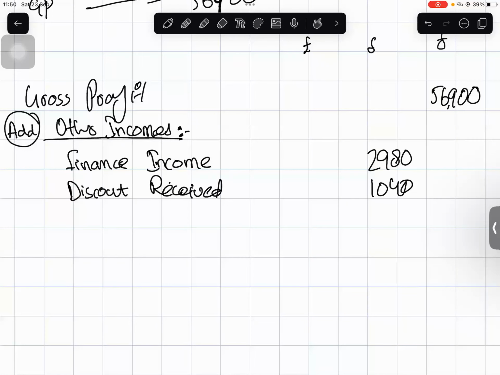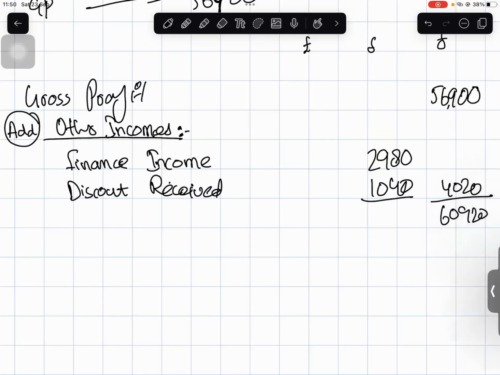So this would be 3020 and 4020. Where should I write the balance of this? Sir, in the third row. Yes, absolutely right. Income 4020 and the total would be 60,920.